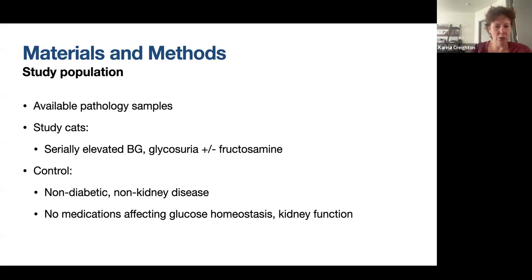And for the control cats, based on medical records, they had not been administered drugs that would affect glucose homeostasis or kidney function. They don't go into more detail about that. It's kind of interesting because, looking at some of the diseases the control cats died of or had at the time of death, I would have thought some of these would potentially have been treated with steroids.